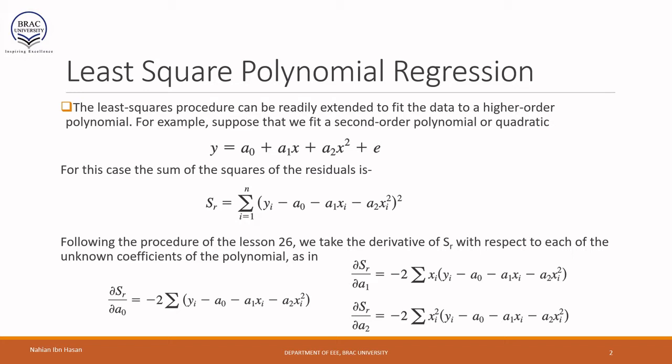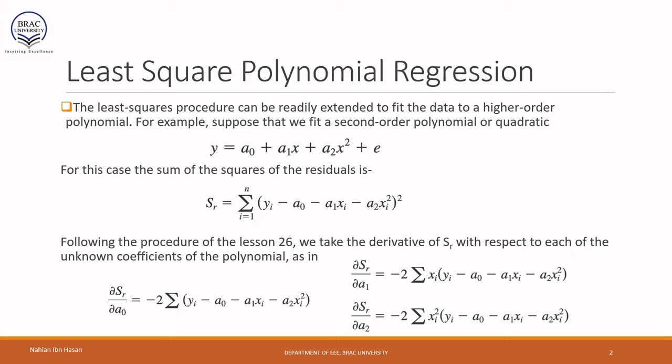In the last lesson we fitted a straight line, that means a linear regression line, and the equation was a0 plus a1x. But in this case we are going to fit a polynomial regression. Let's say we want to fit a second order polynomial, and that makes the equation a0 plus a1x plus a2x square. So this is the fitted polynomial regression line.